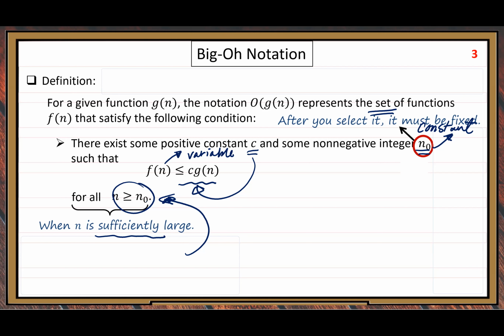But this N0 depends on the particular problem, right? For different problem, your N0 is different. So for the given problem, then you need to determine that N0 constant. Later in our examples, I will show you some different N0 constant.